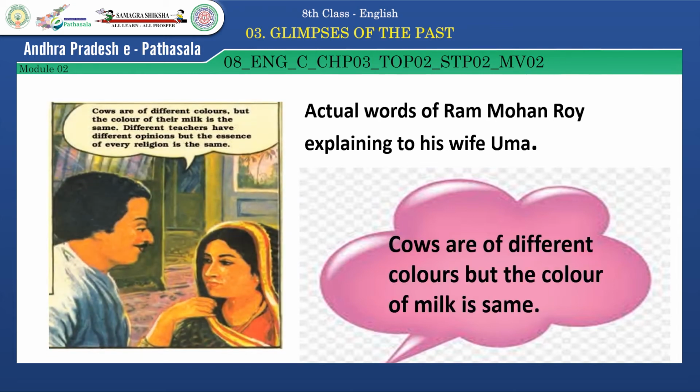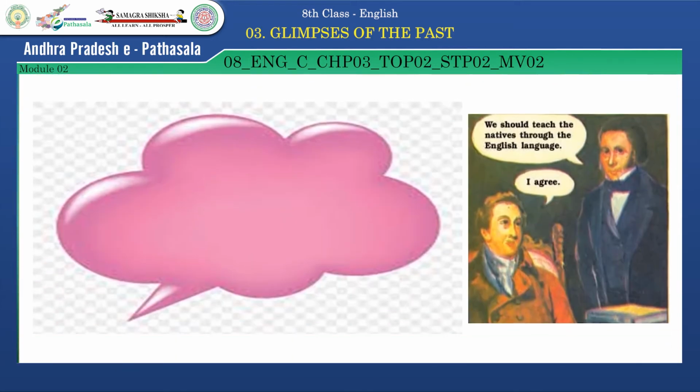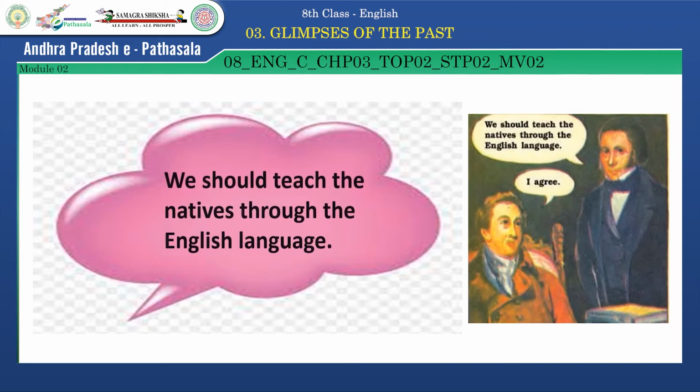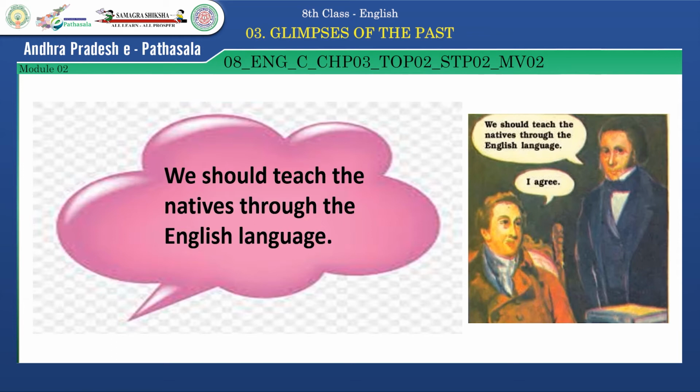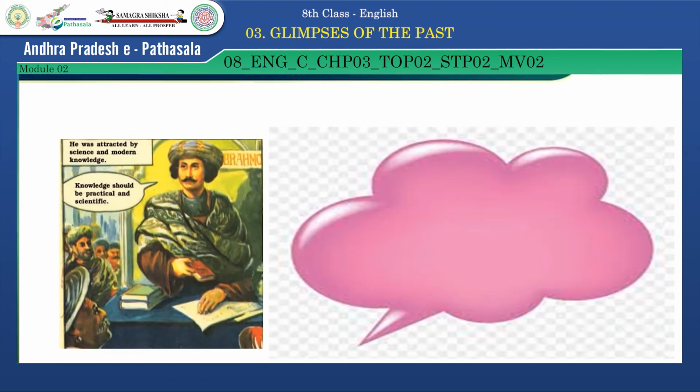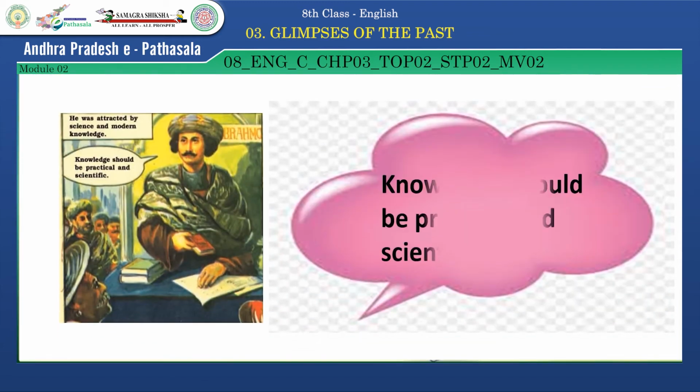"Cows are of different colors, but the color of milk is the same." The actual words of Macaulay are shown in a speech bubble. "We should teach the natives through the English language." "Knowledge should be practical and scientific," are the actual words of Ram Mohan Roy.